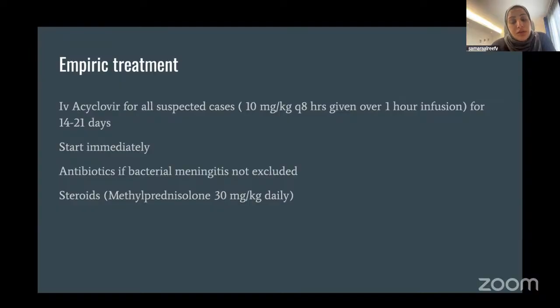The dose is 10 milligram per kg every 8 hours, given over 1 hour infusion for 14 to 21 days.